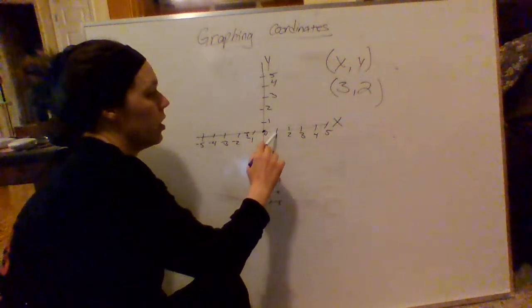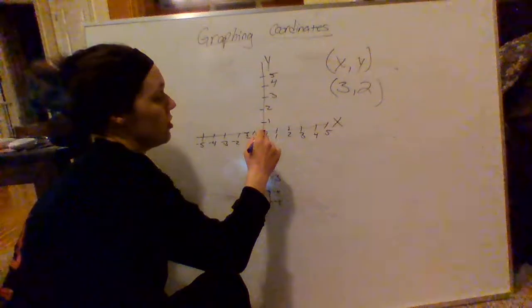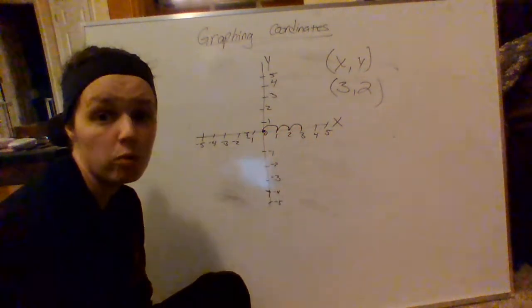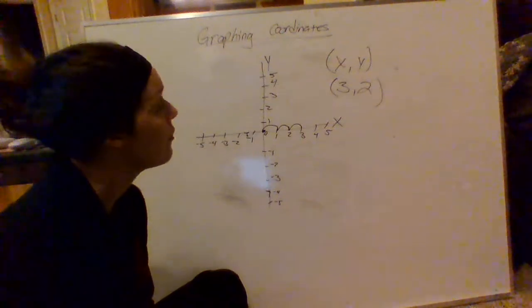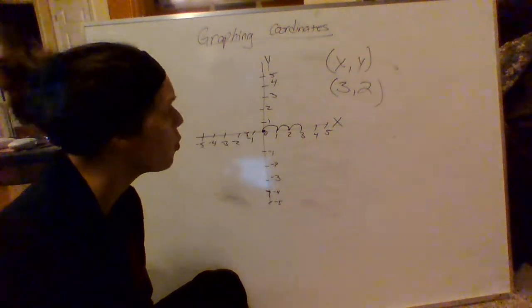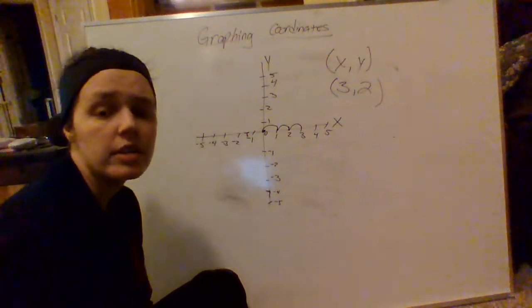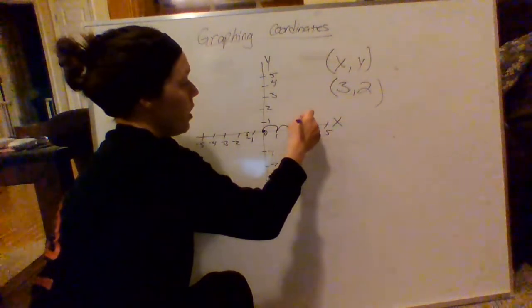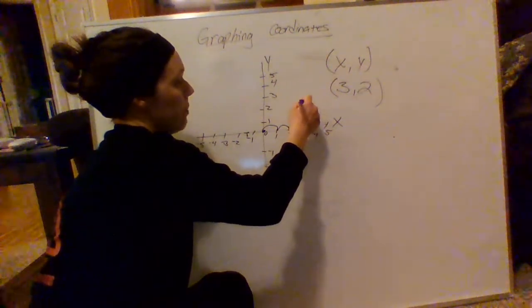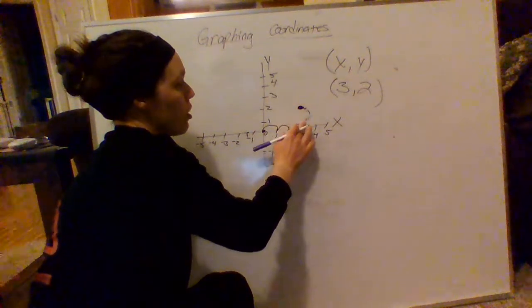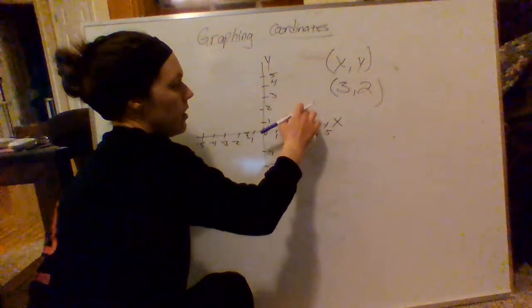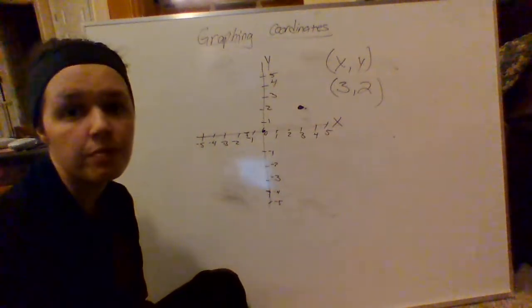So 1, 2, 3. Hold off there, don't mark anything. Then from there, the y is 2, and since it's positive 2, we go up 2 spots. 1, 2, boom. That is the point 3, 2. So it means go right 3, then go up 2.